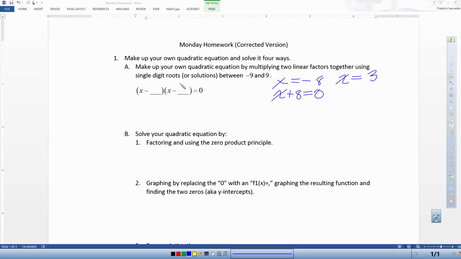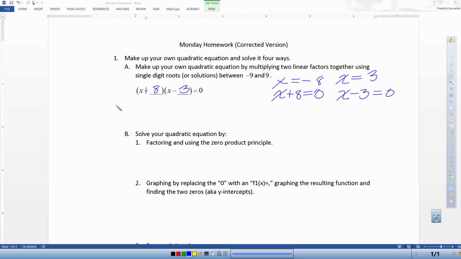So if I put in a -8, that would be x plus 8. So here I'm going to subtract 3 from both sides. So x minus 3 equals 0. So it's x minus the solution. So this is going to stay x minus 3.